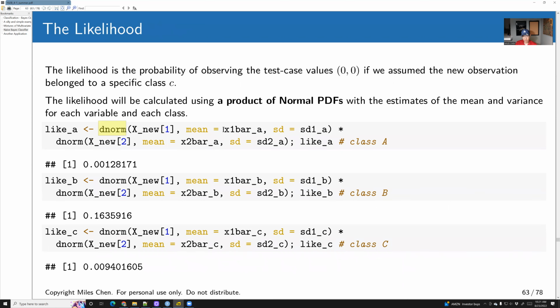We're going to do dnorm using the x bar of class A and the standard deviation of class A. And then I'm going to multiply it by dnorm, the normal density for the second x variable, using the mean of x2 for class A and the standard deviation of x2 for class A. So this is just a product of two normal PDFs.